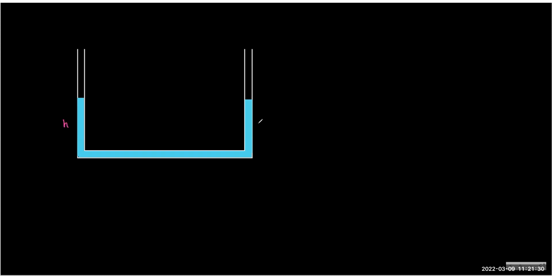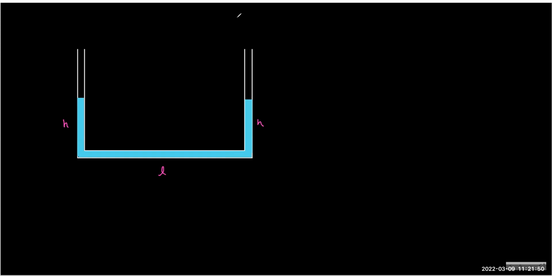Let's say this is H. Here the area you will not conserve. What you conserve here? You will conserve perimeter or length, right?